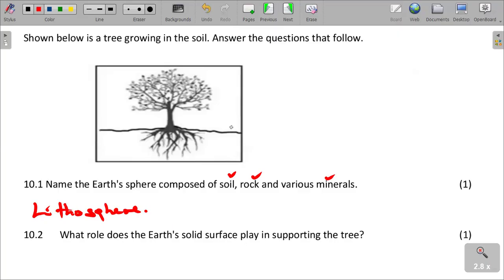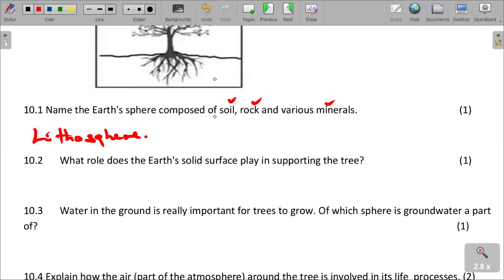And then what role does the earth's solid surface play in supporting the tree? It gives the roots something to anchor to, and also the nutrients. The earth's solid surface provides anchoring of the roots.